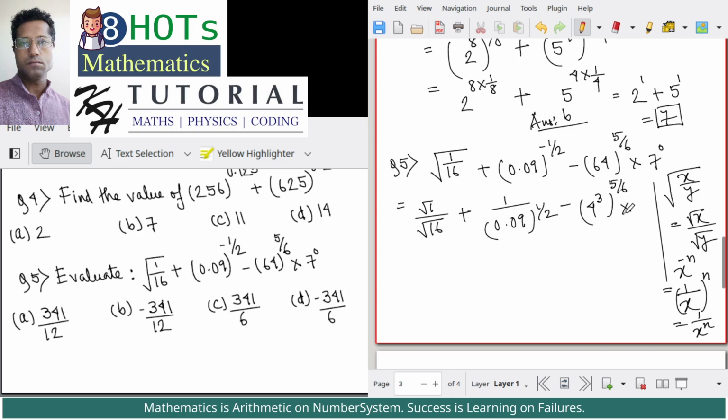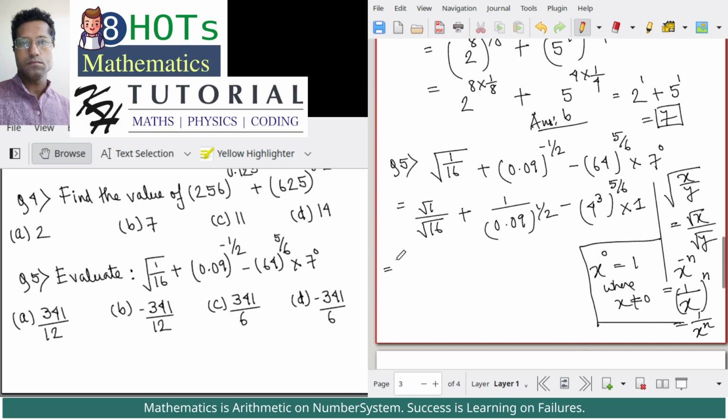Now what is 7 raised to the power 0? This is 1. Any non-zero number when raised to the power 0 is always equal to 1, where x is not equal to 0.